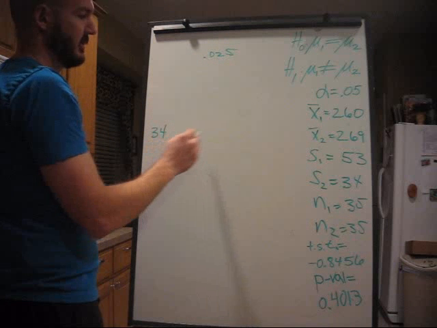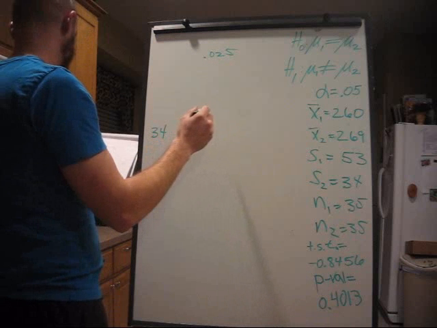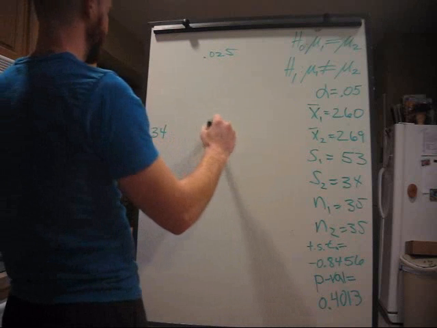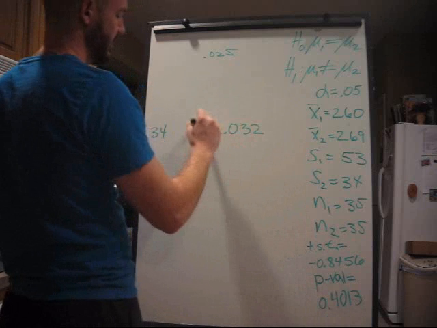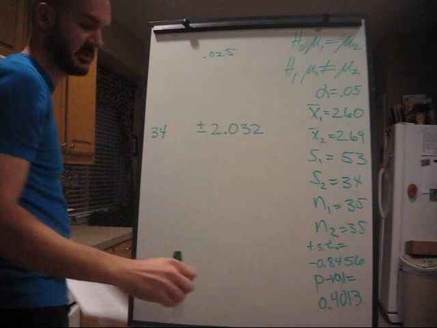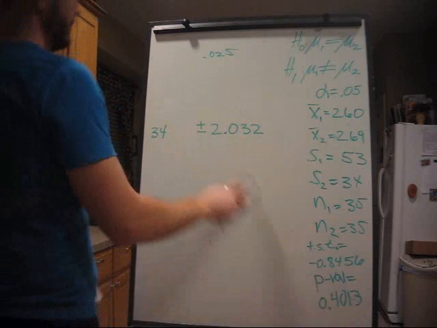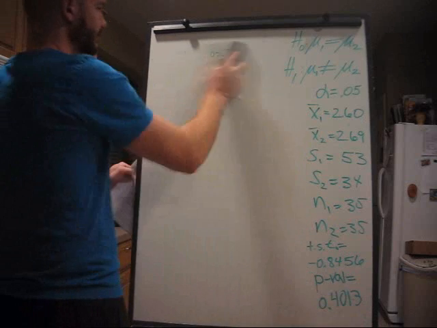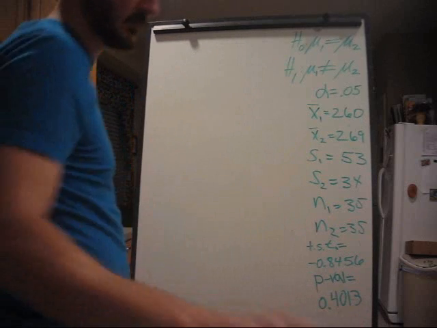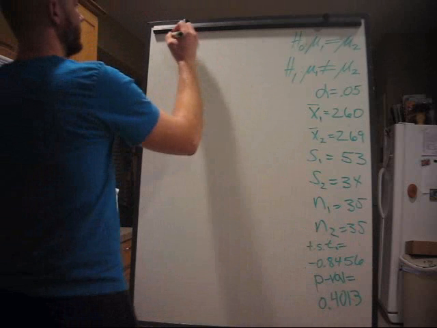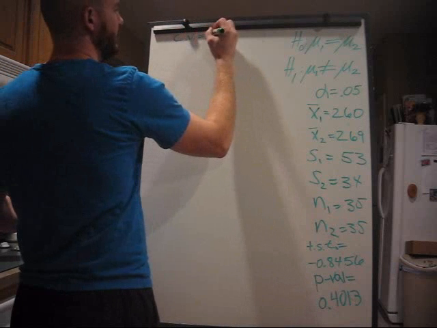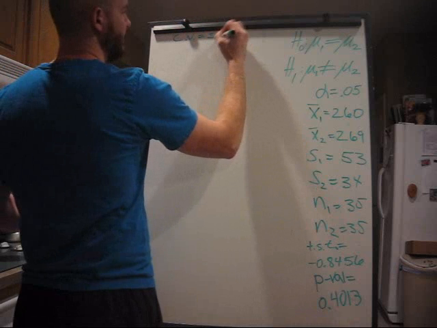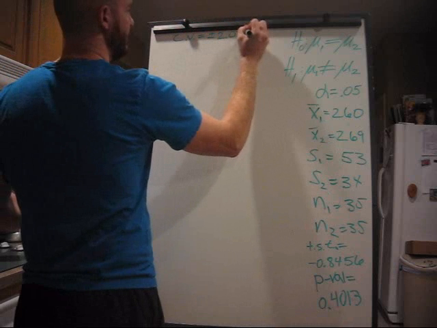With 34, they meet at 2.032, and that is plus or minus. So put it up here: critical value plus or minus 2.032.